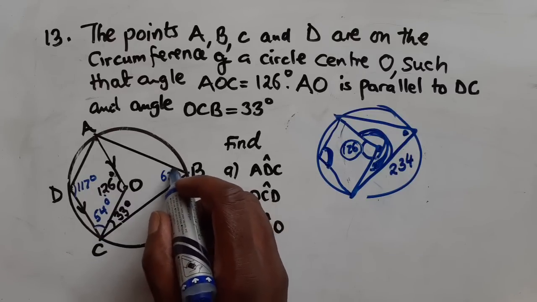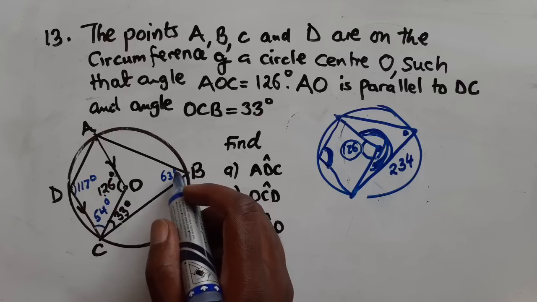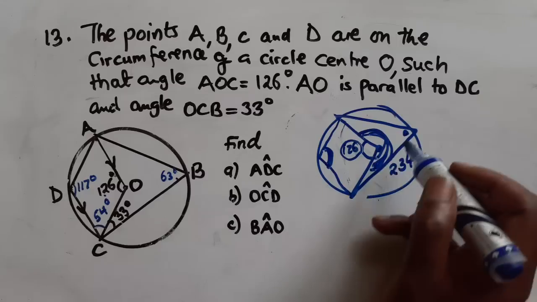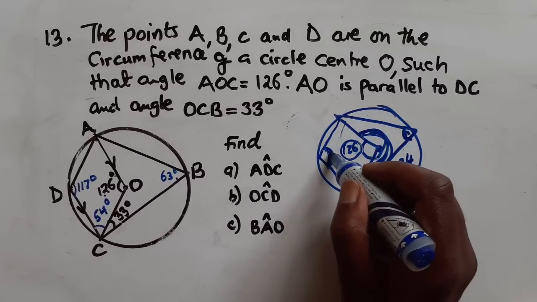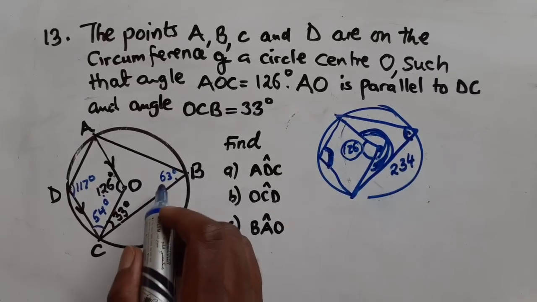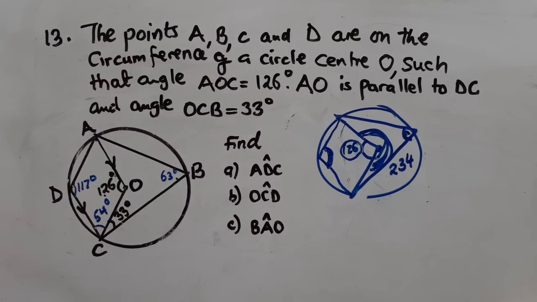Then if this is 63, you know that opposite angles in a cyclic quadrilateral, this angle and this one, should give us 180. So when you subtract 63 from 180, you will still get the same. I'm just explaining even before we find.